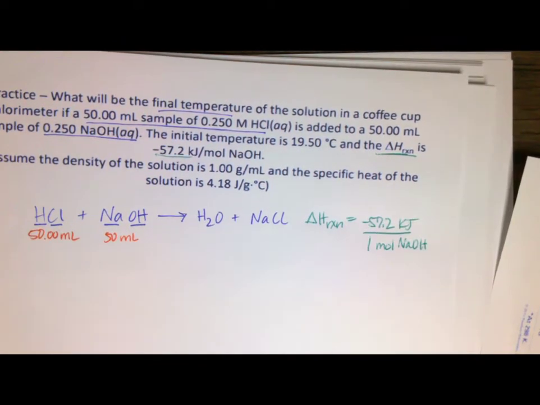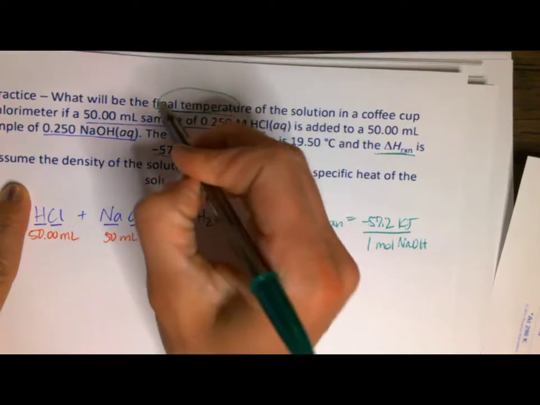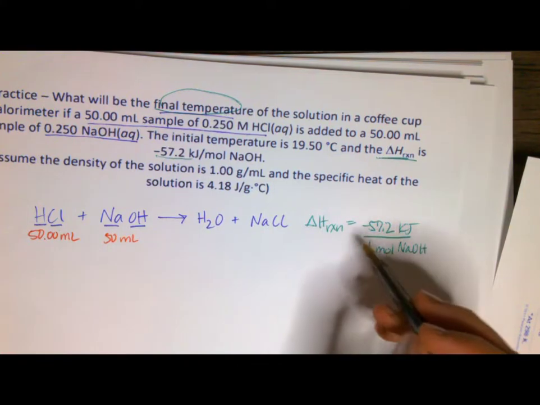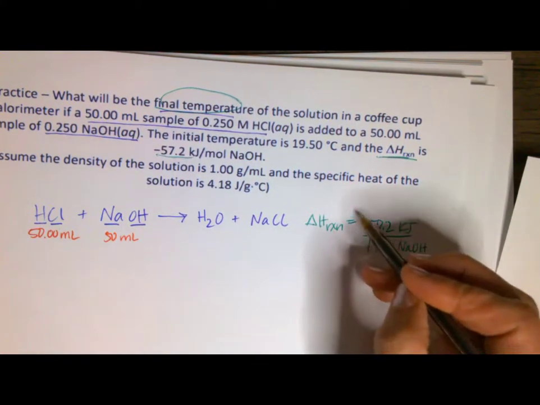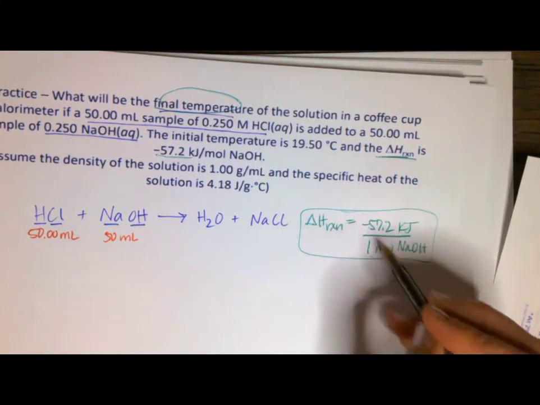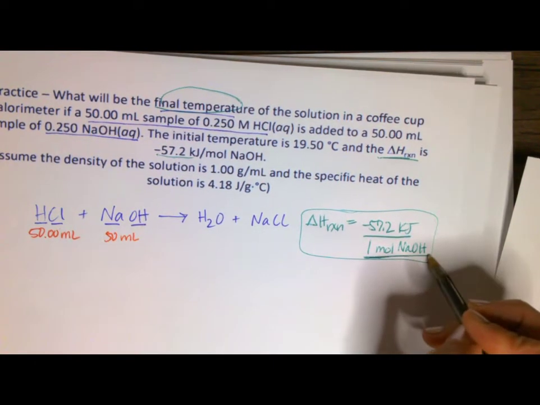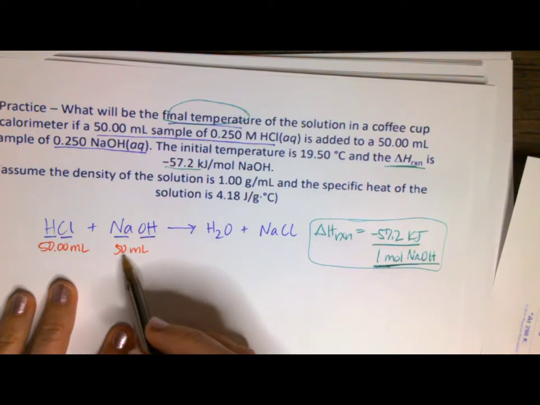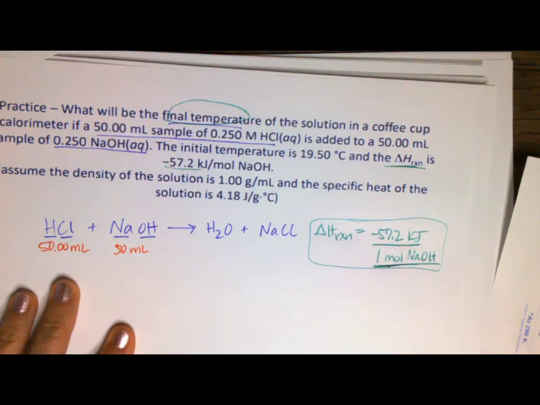Okay, so we want to find the final temperature. Well, final temperature is going to come by doing the m times c times delta T. Okay, but before we get there, we need to figure out, well, my heat of this reaction is for 1 mole of NaOH, but I don't think we actually used 1 mole of NaOH for this reaction, so we need to double check this.